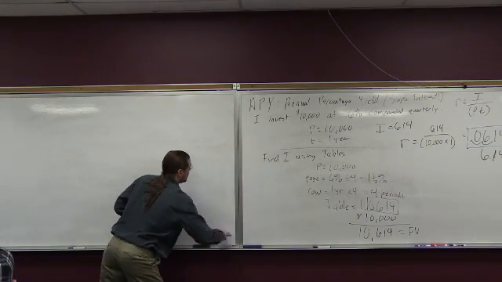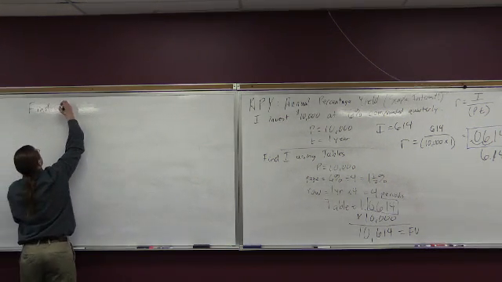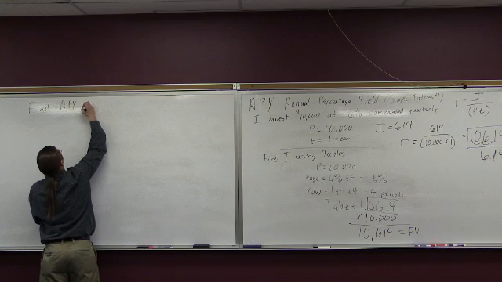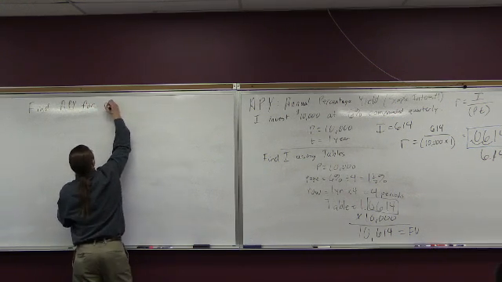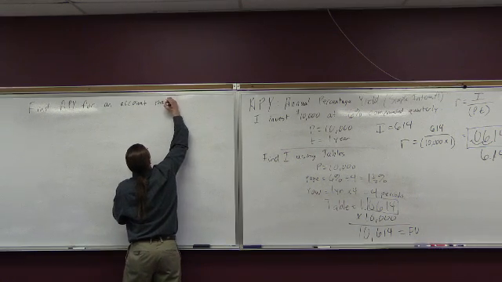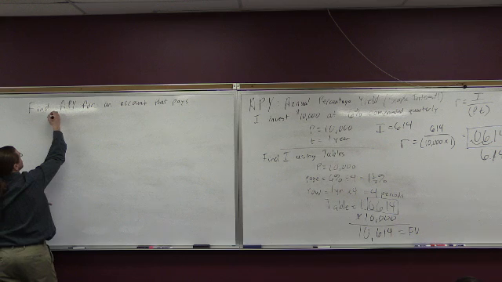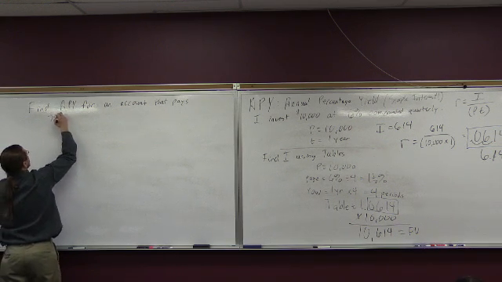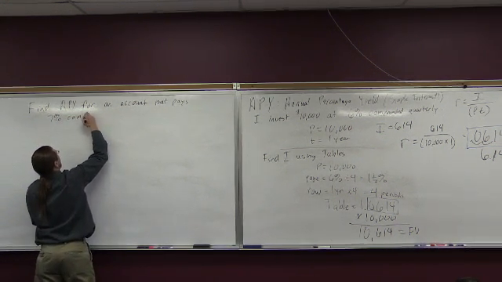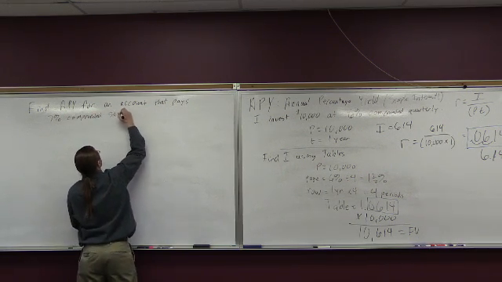So, find APY for an account that pays, let's say, 7% compounded semi-annually.